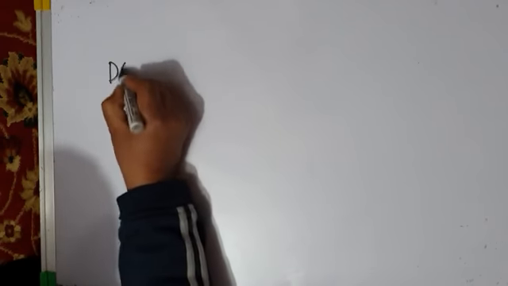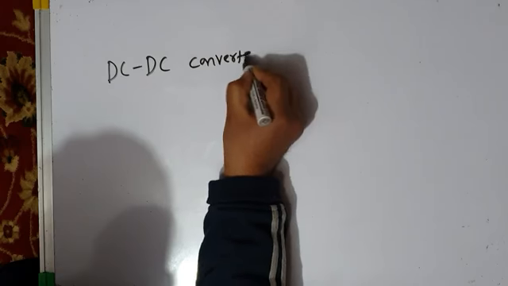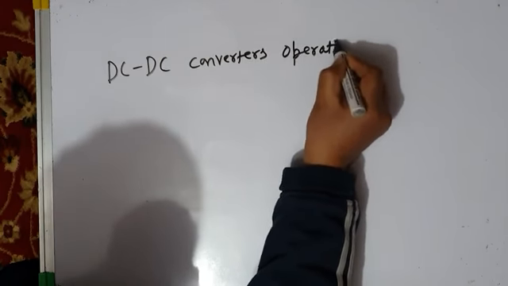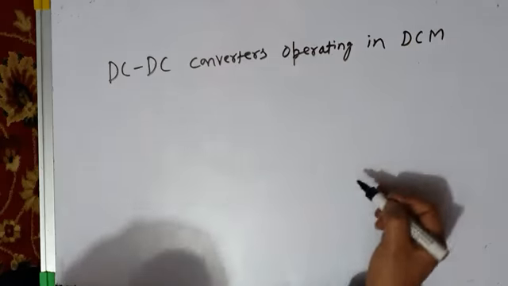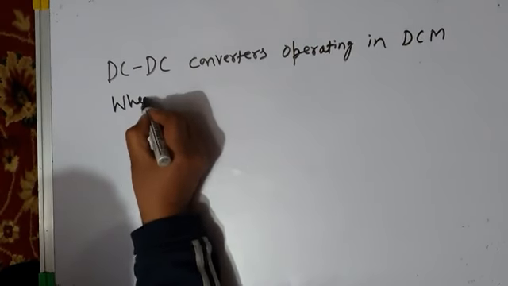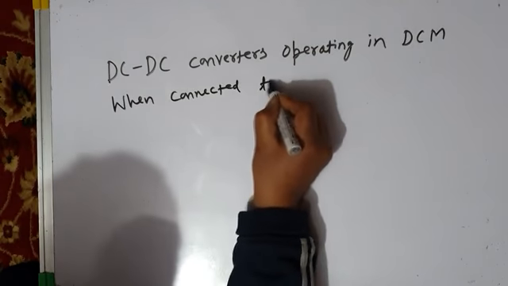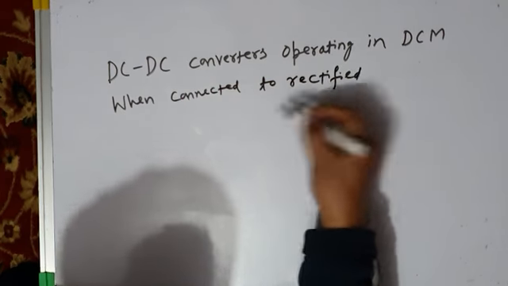So I will write here: DC to DC converters operating in discontinuous conduction mode of operation, DCM, when connected to a rectified AC line, I'll explain this.